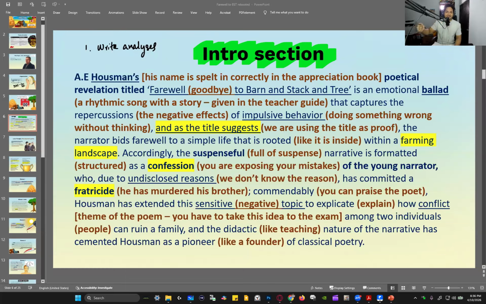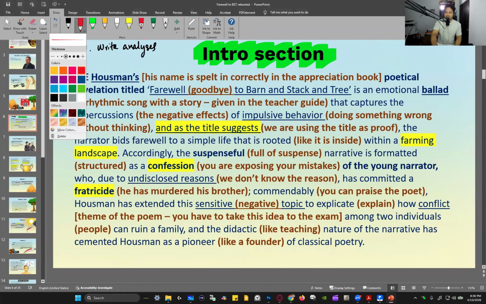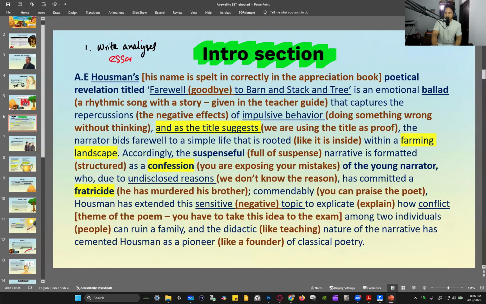If you have plans of choosing the theme of conflict in the O-level exam. So when writing an analysis, if you don't know what an analysis is, it is an essay type answer.